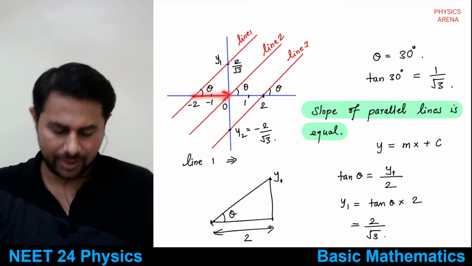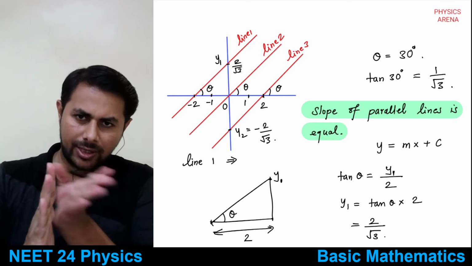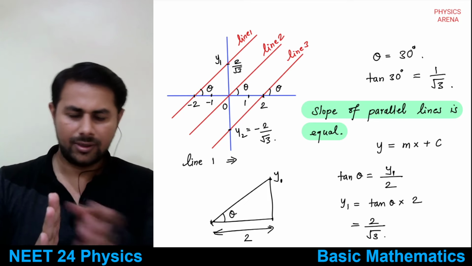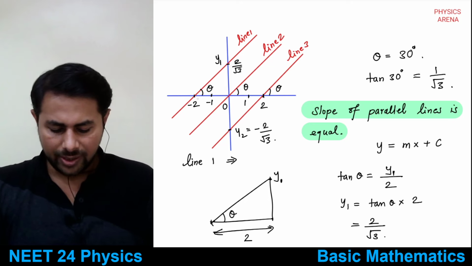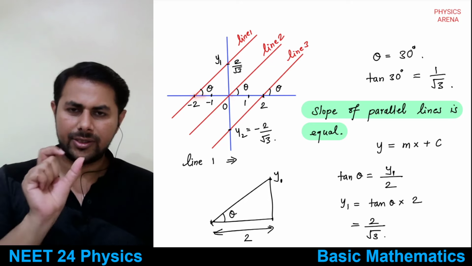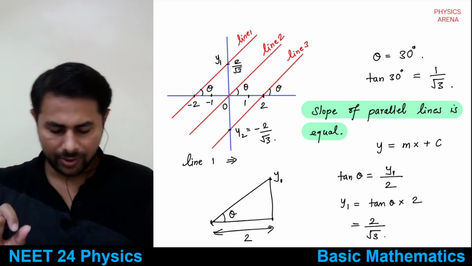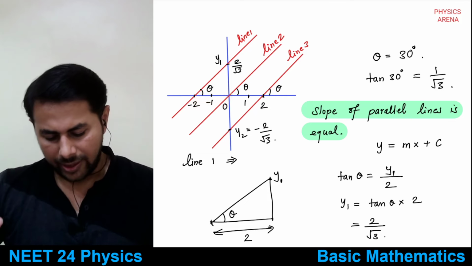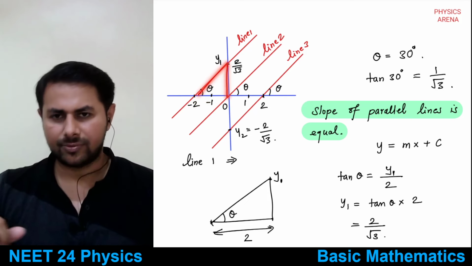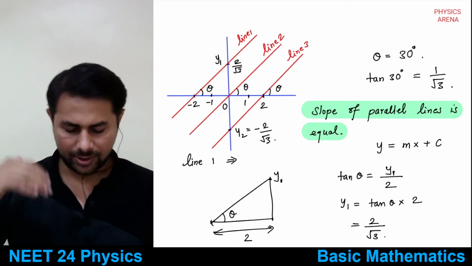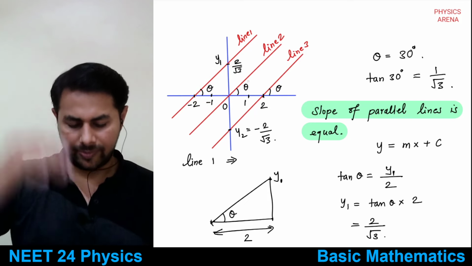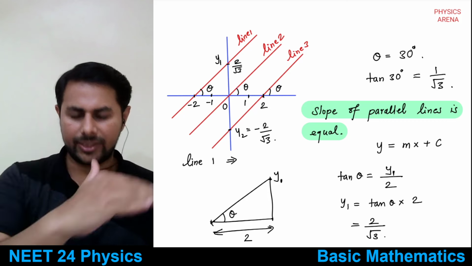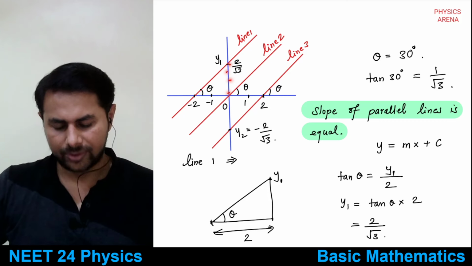You went till this point, so you are running along the positive x-axis. How much distance did you cover? Minus 2 to 0 means 2. This much distance is 2. Then the difference in y is also positive, right? So the y coordinate is going up when you run along the positive x-axis. Then the slope would be positive, right?